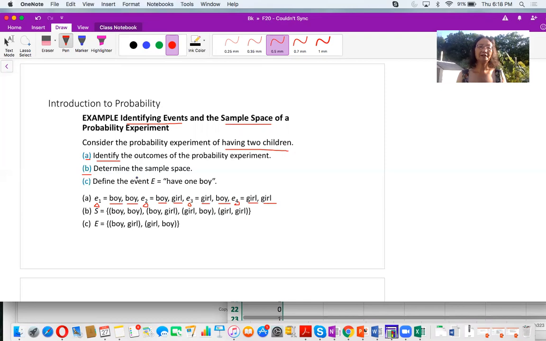Question 2, determine the sample space. So for the sample space, use capital letter S. You use the curly brackets, opening bracket, closing bracket, to represent the sample space, and inside the curly brackets, you use round brackets to list all the outcomes identified in question 1.